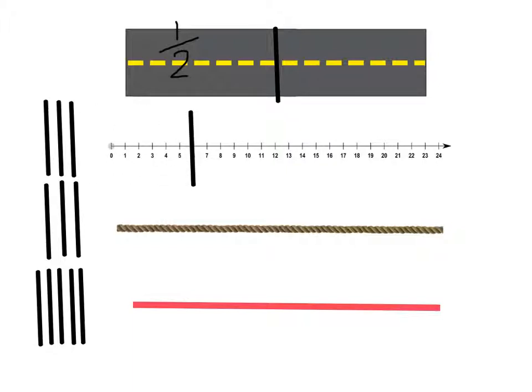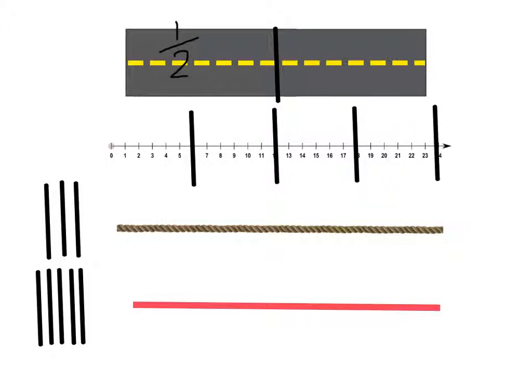So I have 1, 2, 3, 4 equal parts. So one of these parts is representing 1/4. So I'll just write that here. So that's the length from here to this first line marker, 1/4.